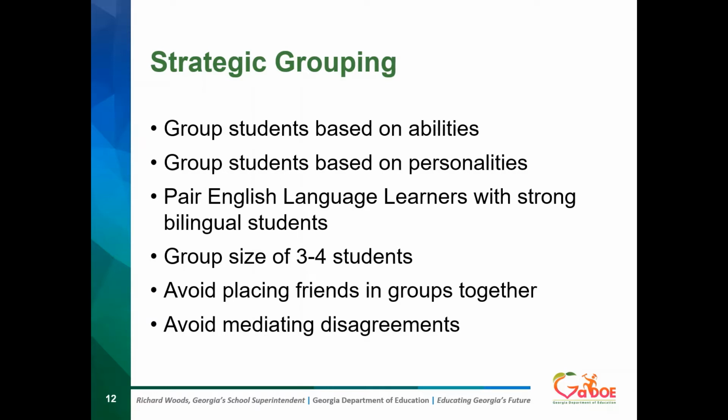You will want to avoid placing friends in groups together and avoid mediating disagreements within the groups. Allow students to make their disagreements and resolve the disagreements all on their own. If you have a class with a large amount of English language learners, it is recommended that you pair the English language learners with the strong bilingual students in the group.